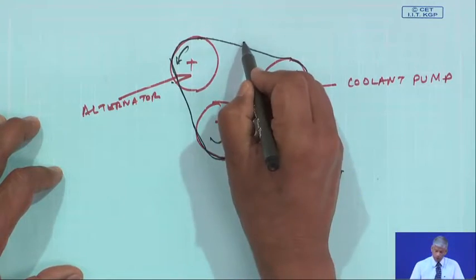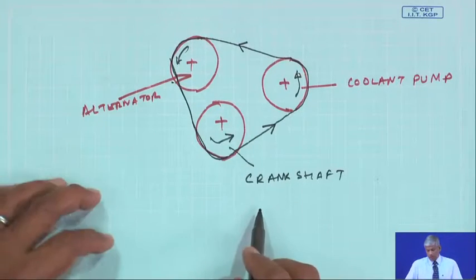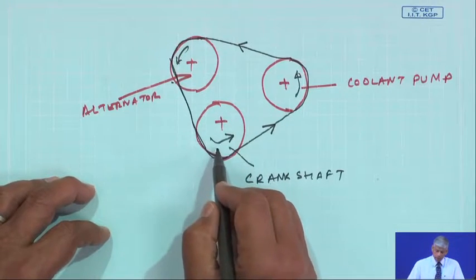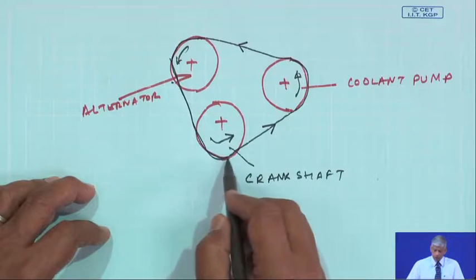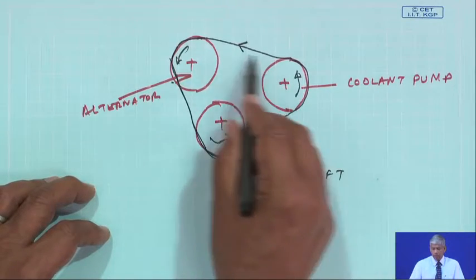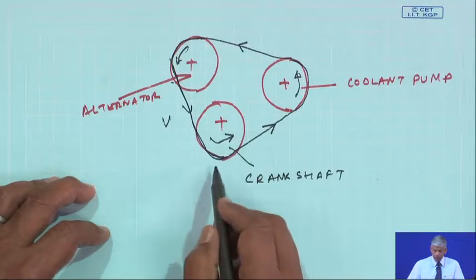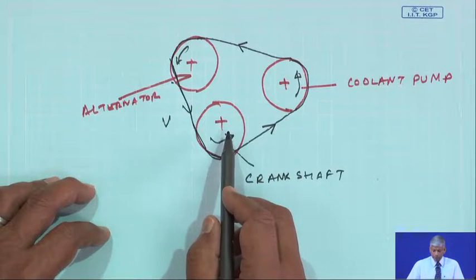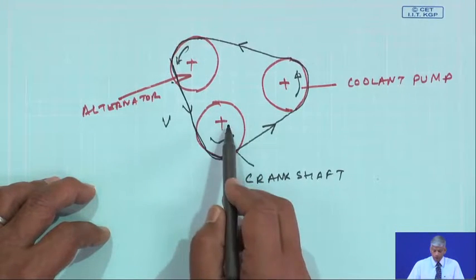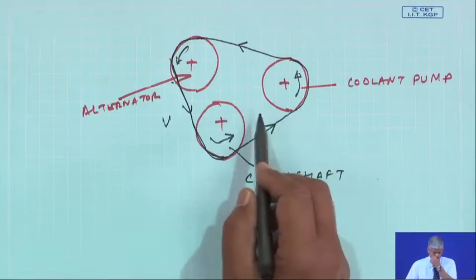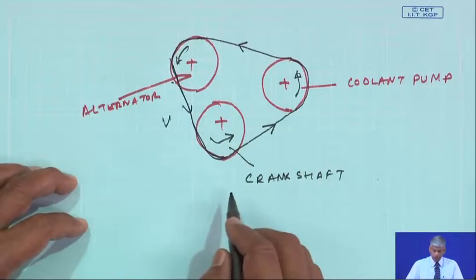Now, imagine all of them must have the same linear speed, because there is a belt which is going around. Of course, depending on the RPM and the diameter, these omegas could be changing.